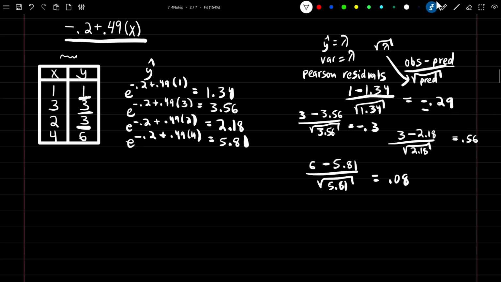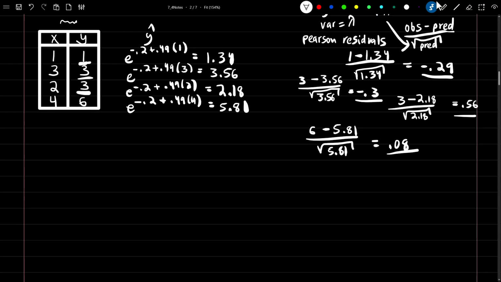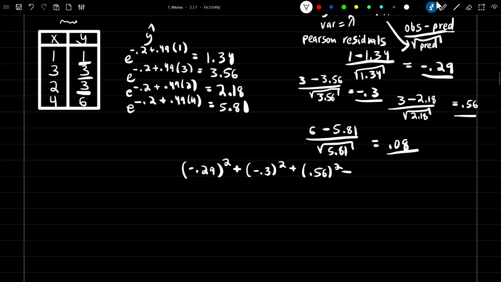So with these 4 Poisson residuals now, we can get our Poisson chi-square statistic, which is just the sum of squared values from our Poisson residuals. So our first residual is negative 0.29. We're going to square that value, add it to our next residual squared, or negative 0.3, and then 0.56 squared plus 0.08 squared, and adding these together we will get 0.494.